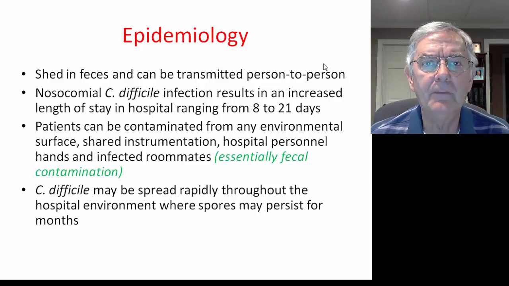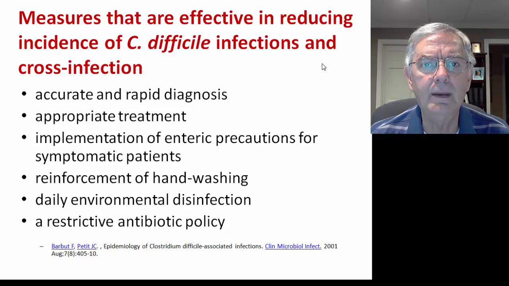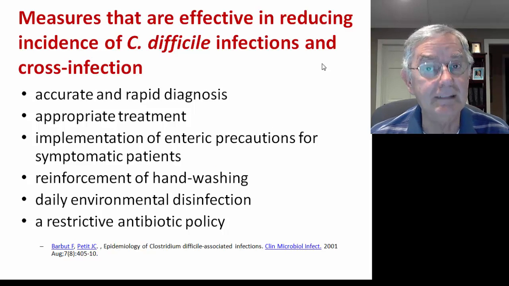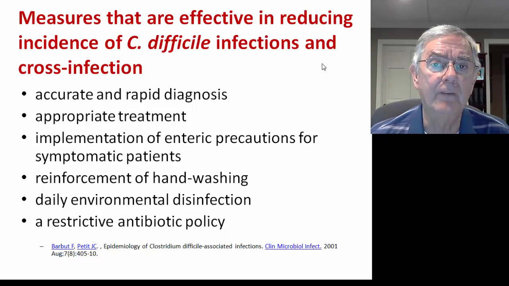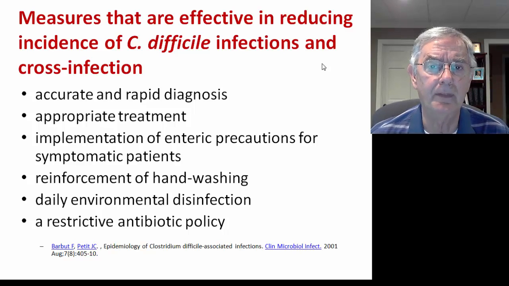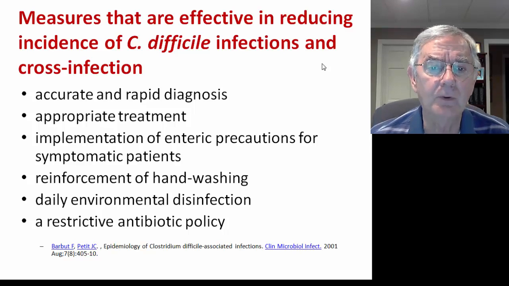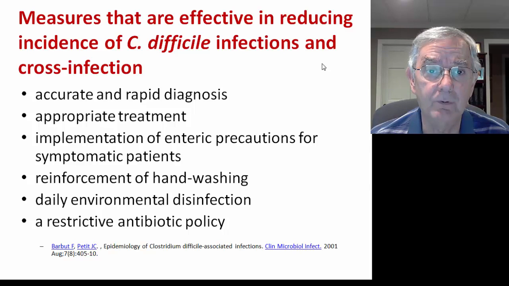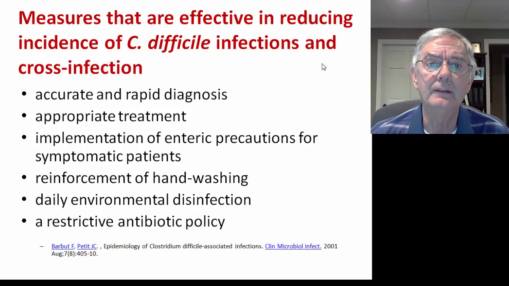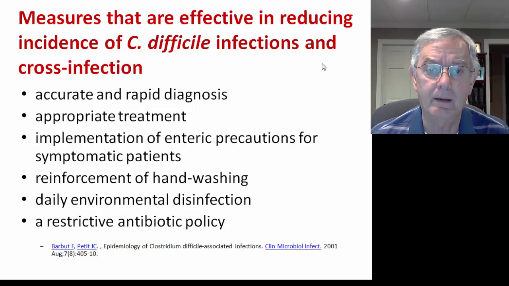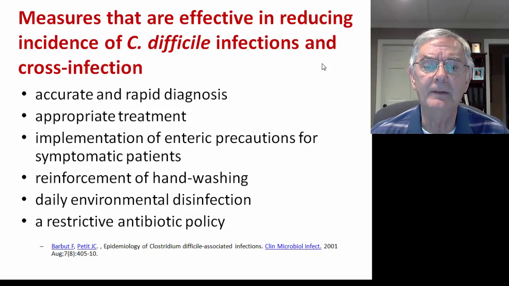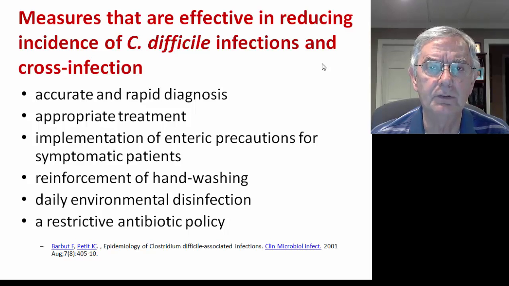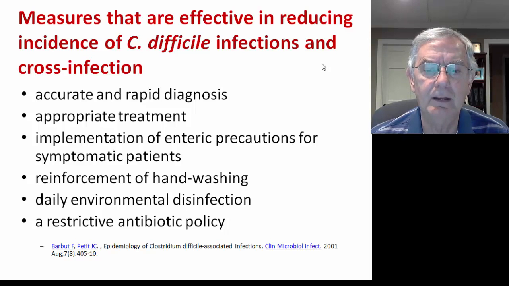Now, some people have been very effective in ridding their facility, or at least easing the infectious risk within their facility, by using several methods. One is accurate and rapid diagnosis. That's clearly our role in the laboratory. Appropriate and quick treatment. Implementation of enteric precautions for symptomatic patients.